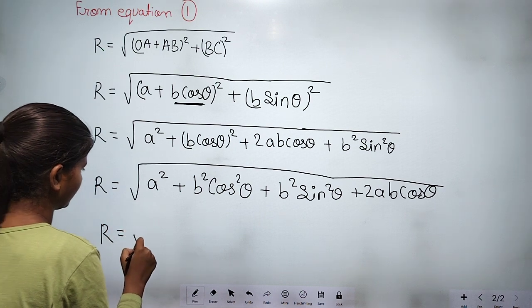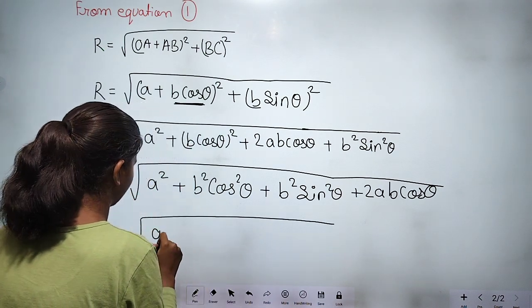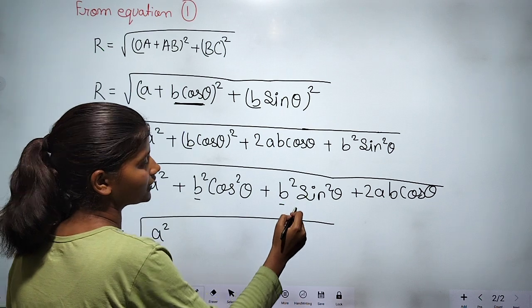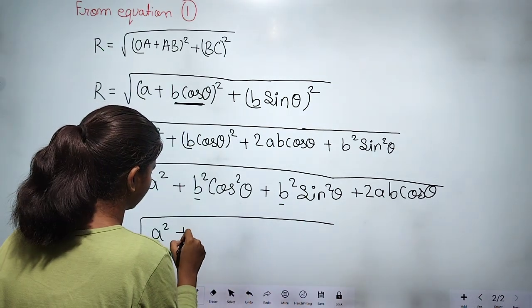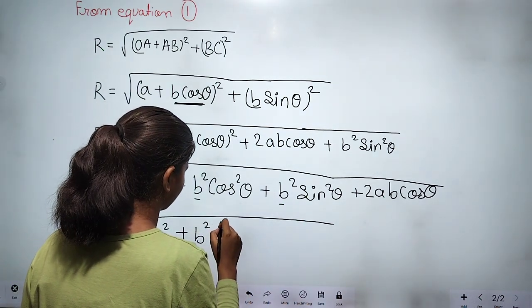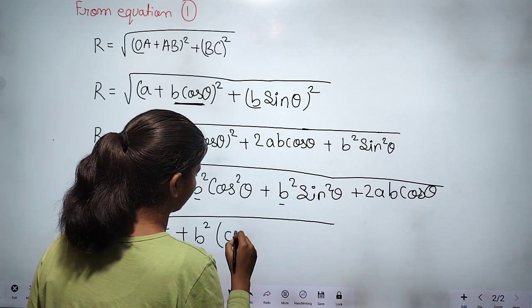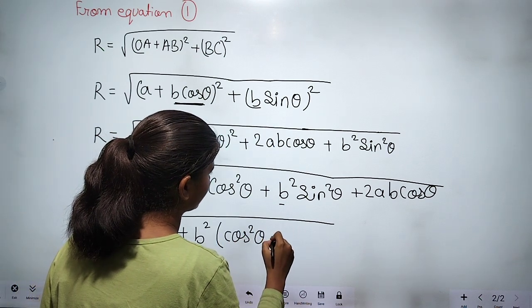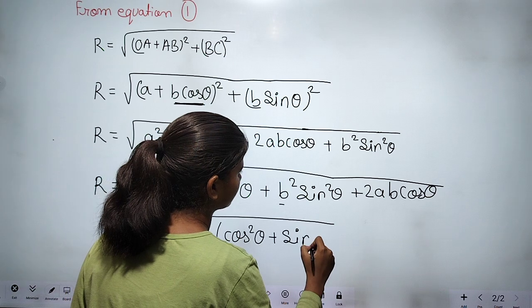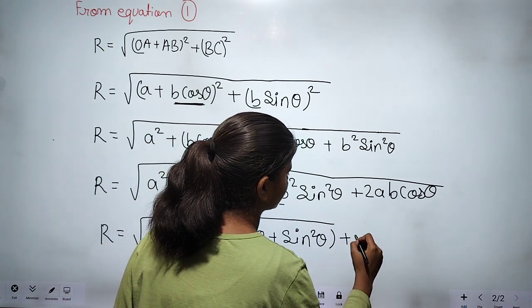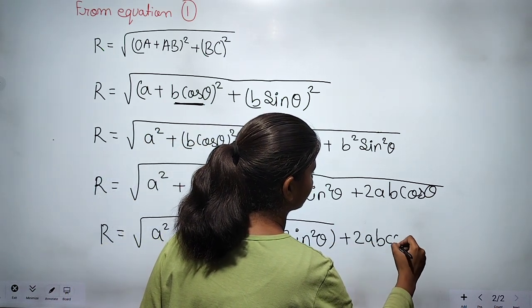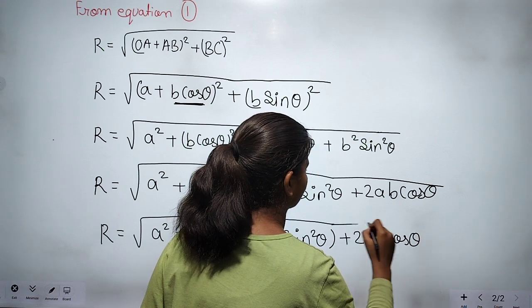Now further here we can write root under A square, here B square is common, B square times cos square theta plus sin square theta, plus 2AB cos theta.